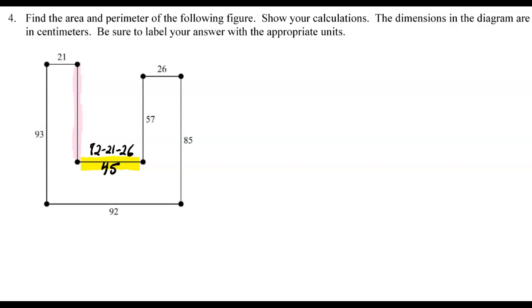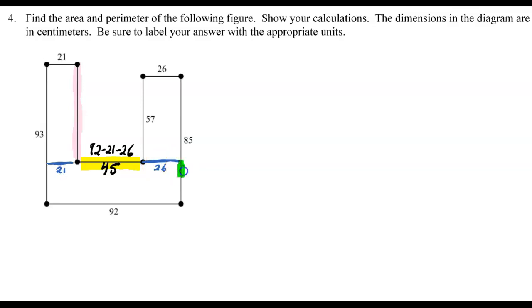In order to find the pink piece, I may need to do a little bit more work. So in order to find the pink piece, I'm first going to break up the rectangle here. I'm going to draw this blue line across and across. So for the blue line, I know the one on the left is 21 and the one on the right is 26.